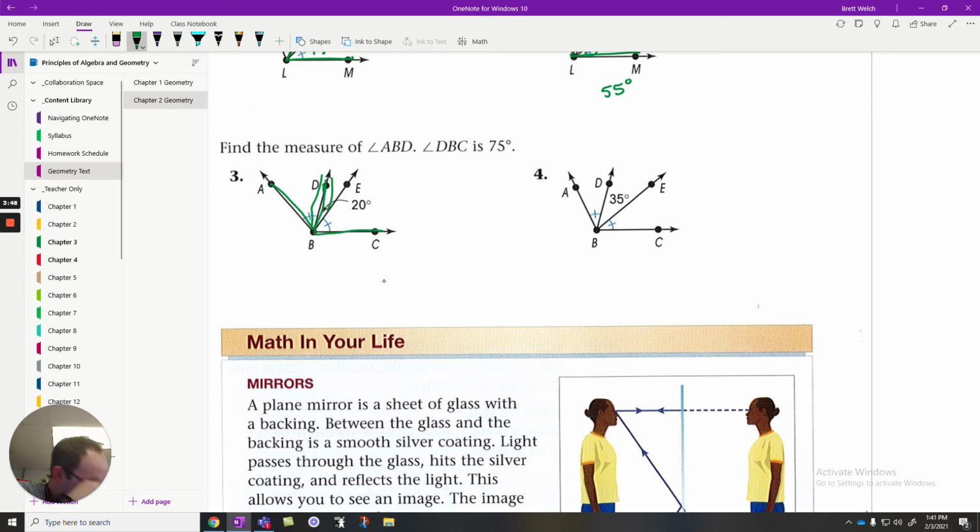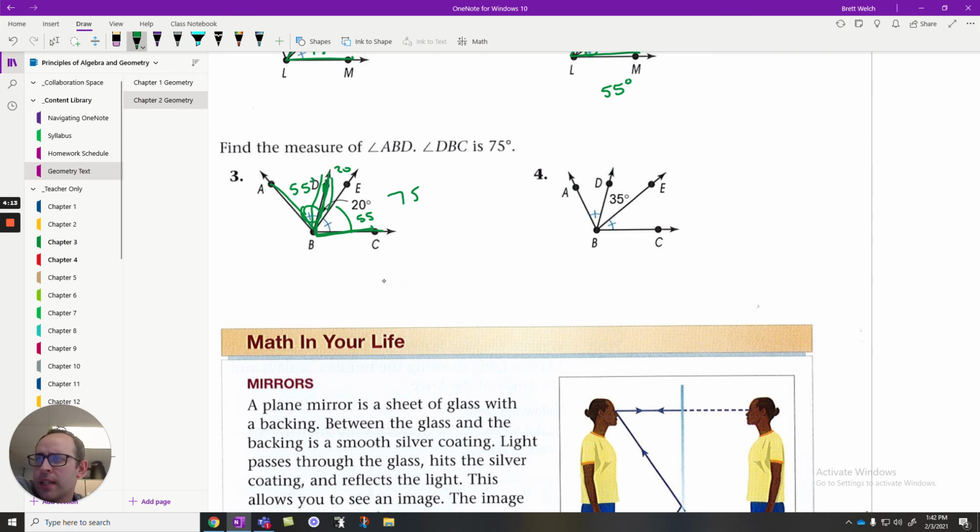So sorry, the big angle here on the right is 75, and since this little guy in the middle is 20, that means that this guy here must be 55 because I've got to add up to 75. Well, if that's 55, then its congruent partner over here must also be 55 degrees.